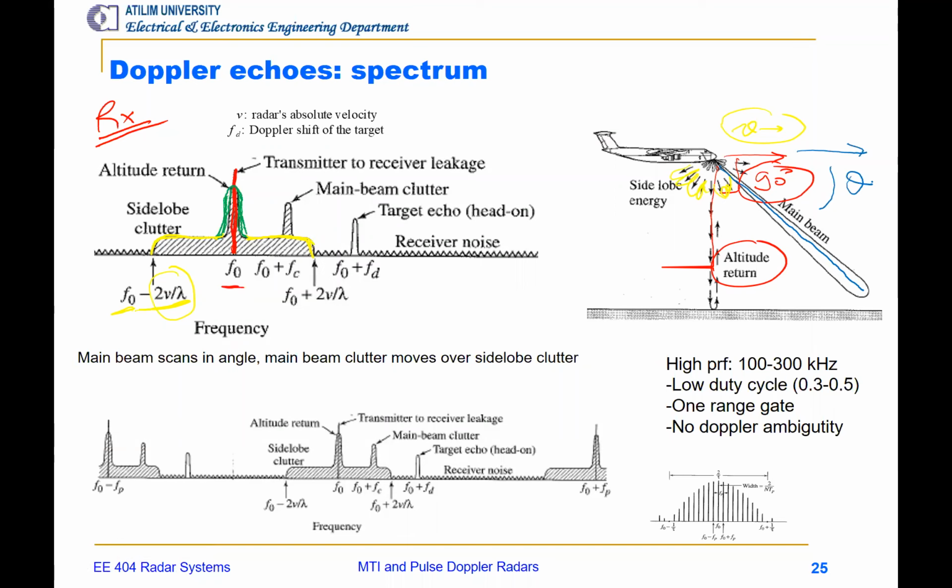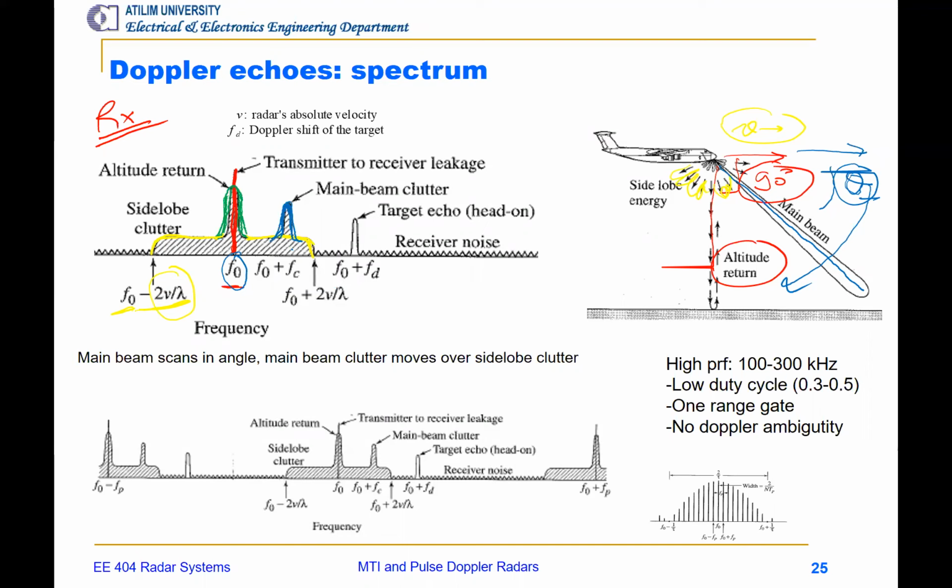This should be somewhere between the center frequency and the maximum Doppler shift due to the speed of the platform, because this angle could be somewhere between 0 to 90 degrees. Okay? So here is the region of the angle. So it's going to be 0 to 90 degrees. So we can expect the main beam clutter right here.